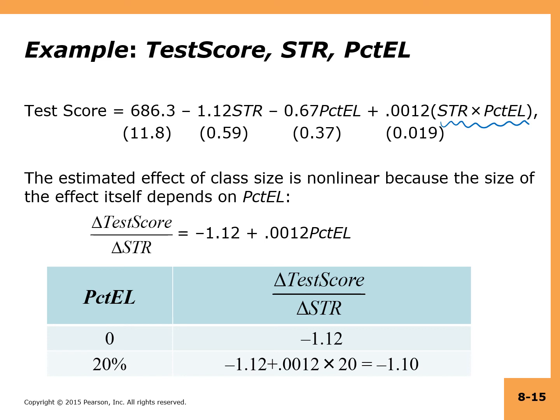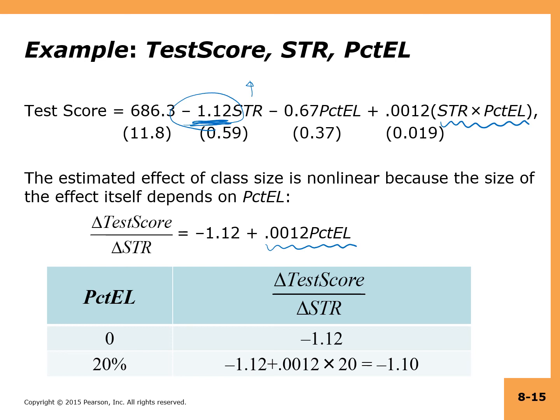Previously, without the interaction term, regardless of the percentage of English learners in your district, when you increase student-to-teacher ratio by 1, your test score would decrease by 1.12. But with the new model, including the interaction term, when you increase the student-to-teacher ratio by 1, your test score would decrease, but it depends on the percentage of English learners.